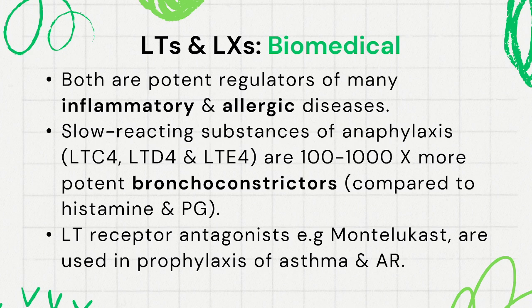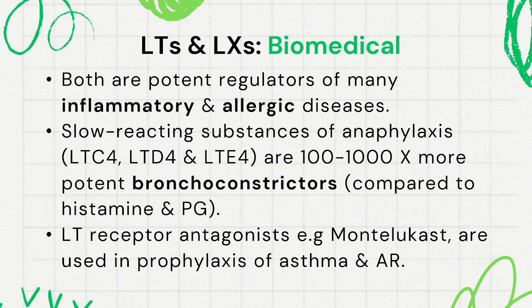So they constrict the bronchi and narrow the airways, and that is why they are responsible for the manifestation of allergic diseases, such as here in this example, bronchial asthma, where the narrowing of the bronchi leads to a sensation of chest tightness.